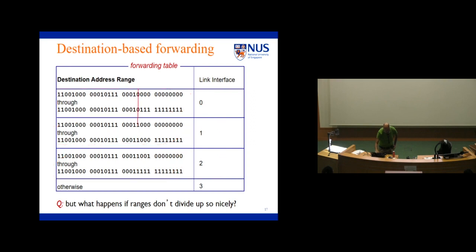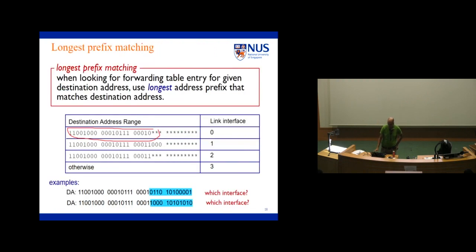In this range, these bits are common. The most significant 21 bits are common. So the way I will write it in my table says the first 21 bits should be this. The remaining I don't care. As long as the first 21 bits are this, go to output link number 0.